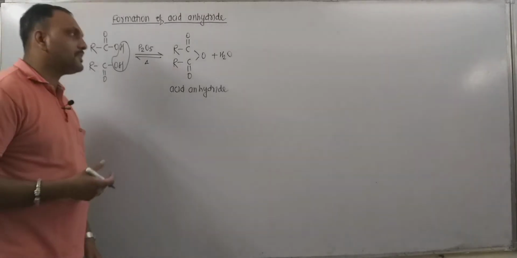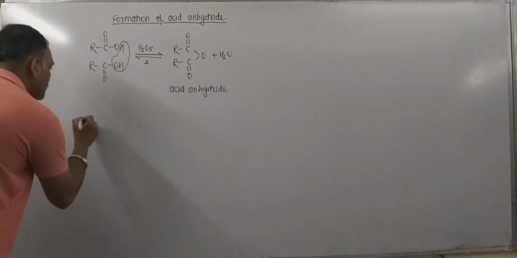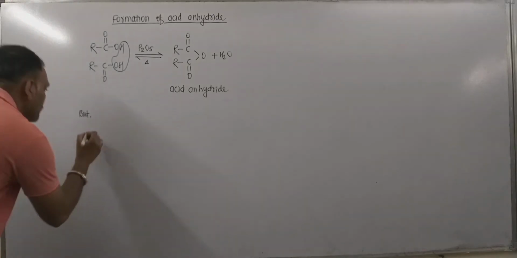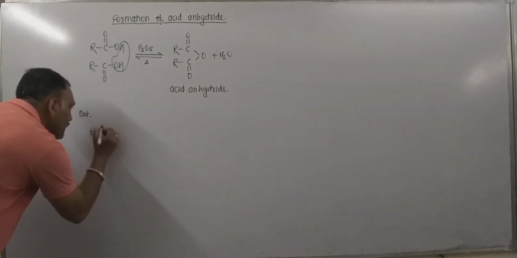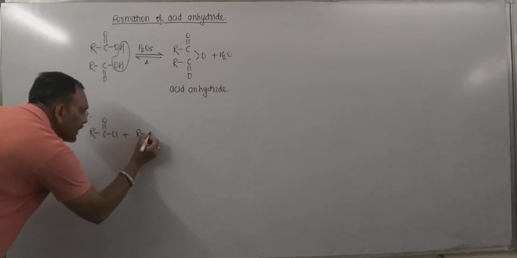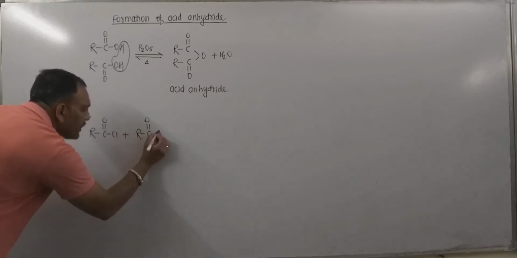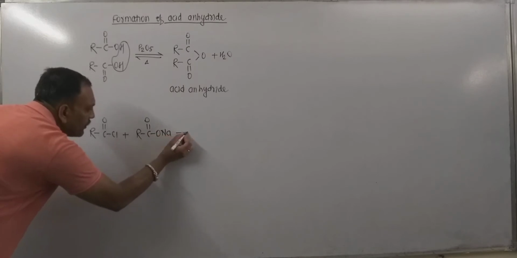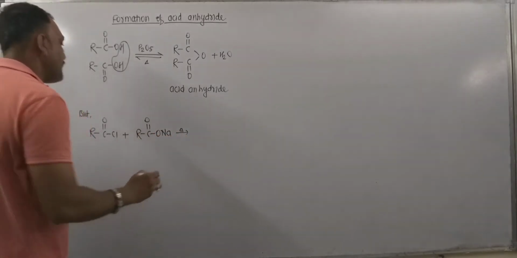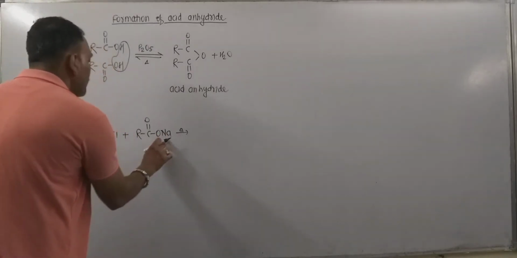So commercially, anhydrides are prepared starting from acyl chlorides. So what is the representation of acyl chloride? RCOCl. So when acyl chloride is heated with the sodium salt of a carboxylic acid, anhydrides are ultimately obtained with the departure of NaCl.